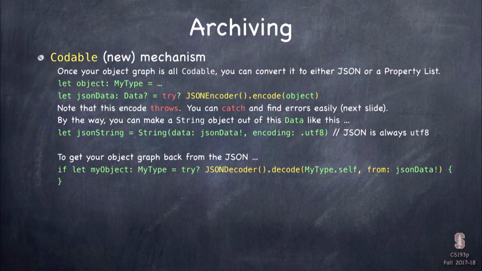Well, you just use a JSON decoder and say decode, and all you have to do here is specify the class or struct of the top level thing represented by that JSON, and give it the JSON data blob, and it will decode it. Now, this also throws, and this is more likely to throw. Maybe your JSON data is corrupted or it's malformed or something like that.